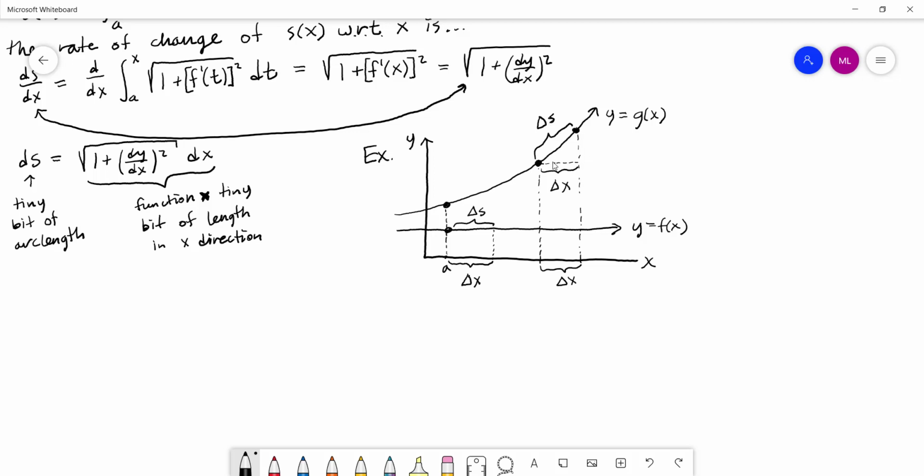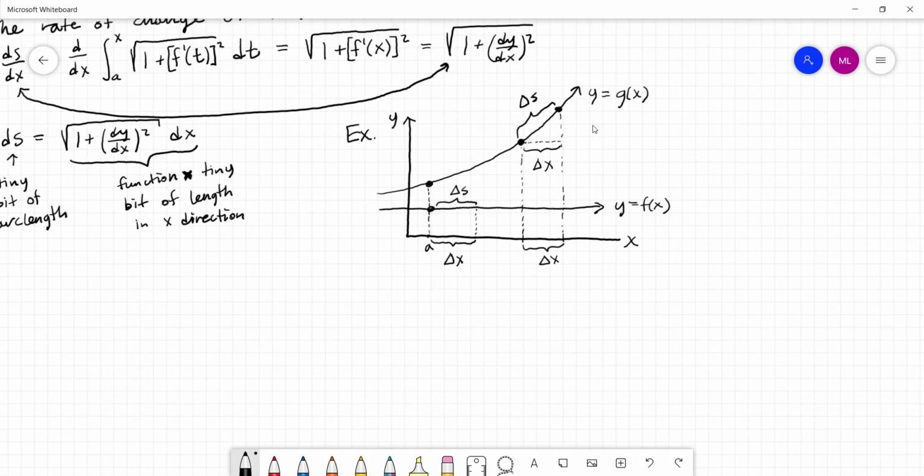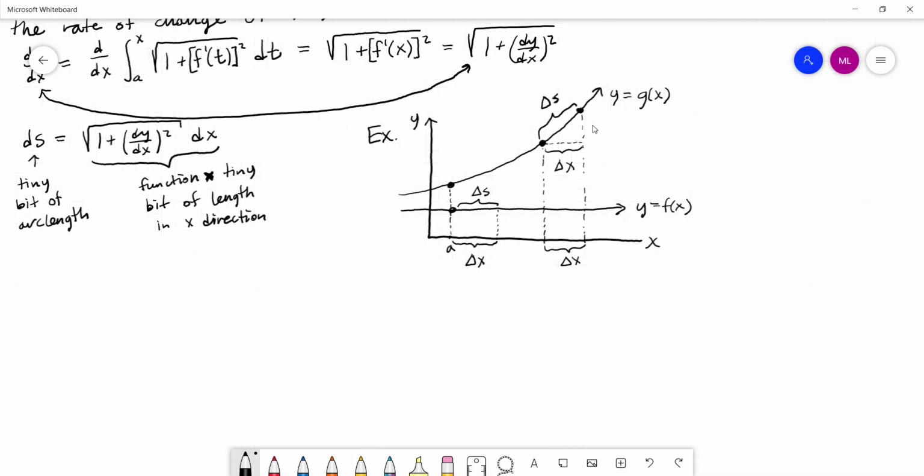What's going to make the difference get bigger and bigger? The curve getting steeper and steeper. If the curve is really steep, then a tiny change in the x direction, a tiny delta x, will still correspond to a very large delta s.